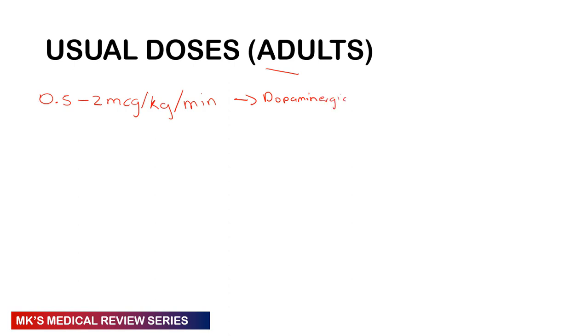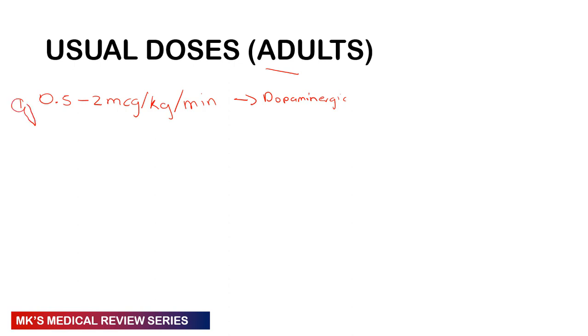Remember that you have these receptors present in different parts of the body. At this very low dose, it causes vasodilatation in the kidney, so it improves the renal blood flow. So this is our first dose, which has a dopaminergic effect.